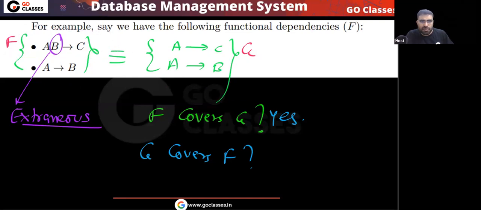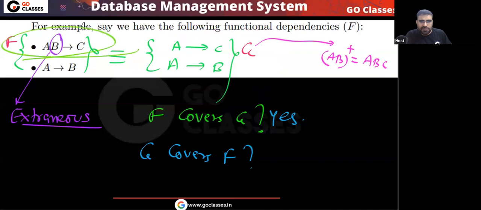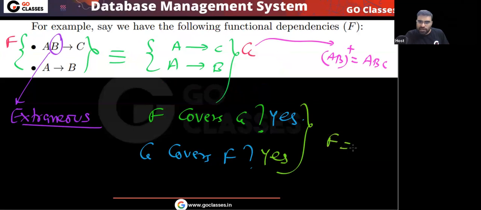In G, you find AB plus. That will be ABC. So this FD is also covered. So G covers F, yes. So I can say that F is equivalent to G. They are equivalent. Is this understood? Very simple.